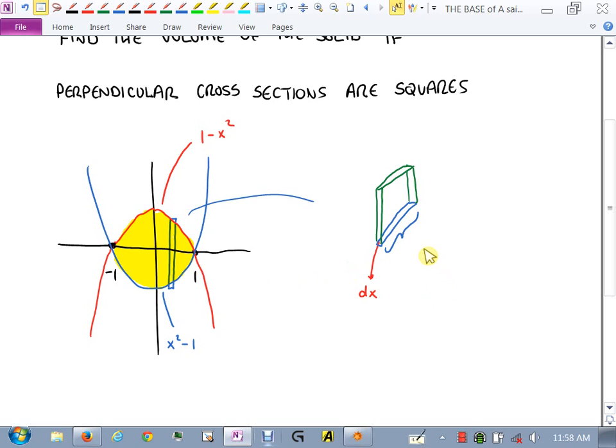So this would be what? 1 minus x squared, the top one, minus the bottom one. Do y'all see that? Which is really, if we clean that up, what? Two minus 2x squared.